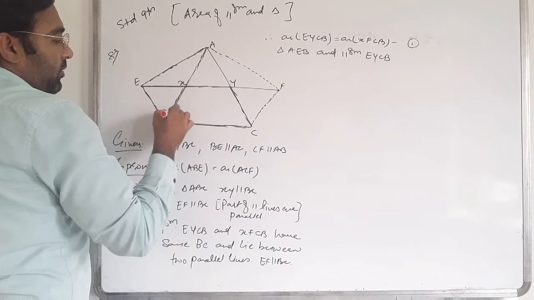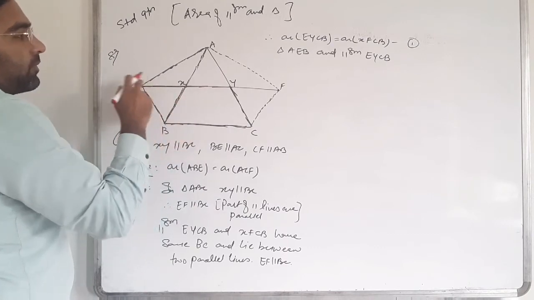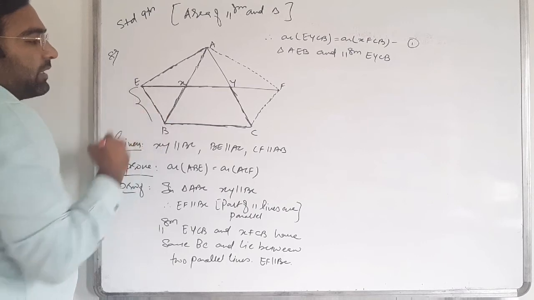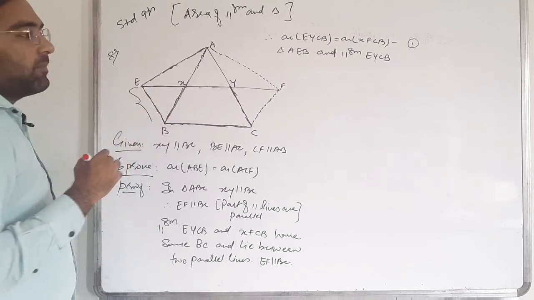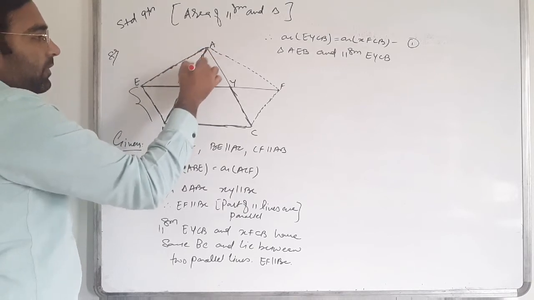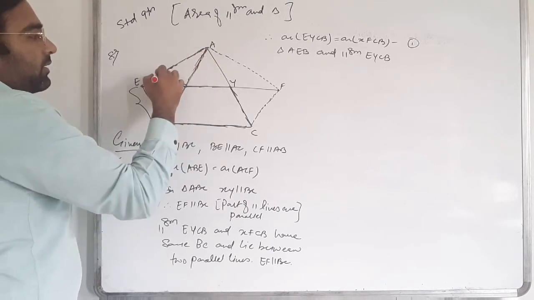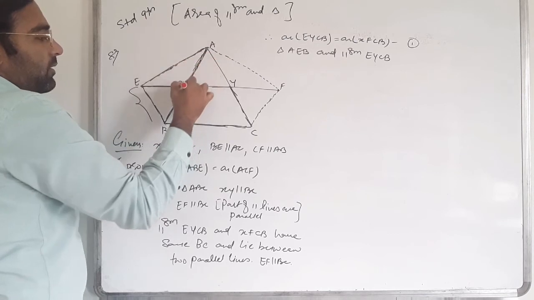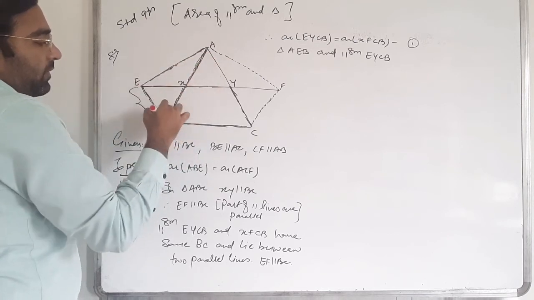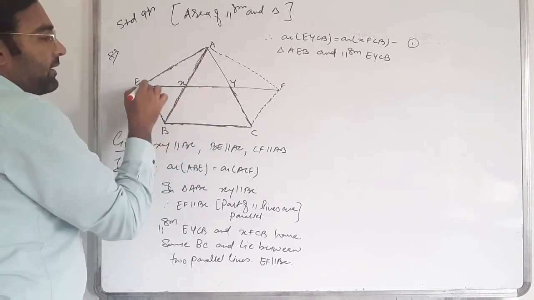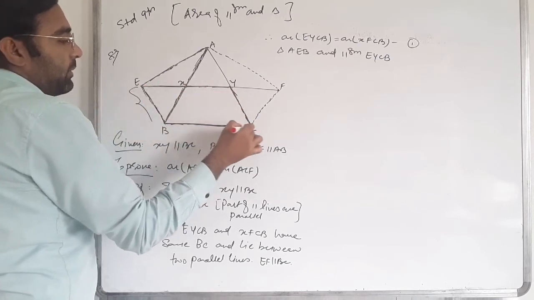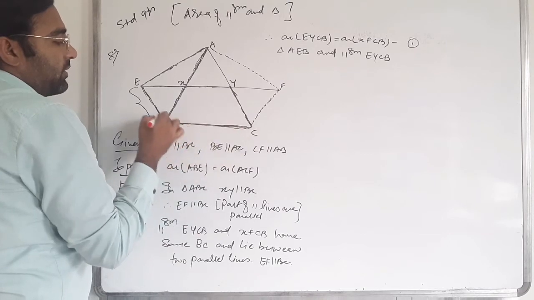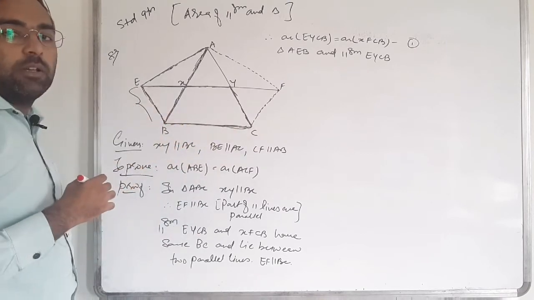Both of the figures lie on the same base BE. Triangle AEB and parallelogram EYCB lie on the same base BE. Clear?